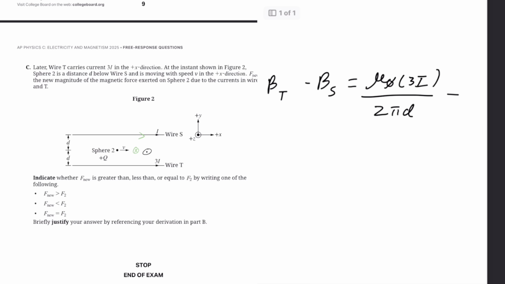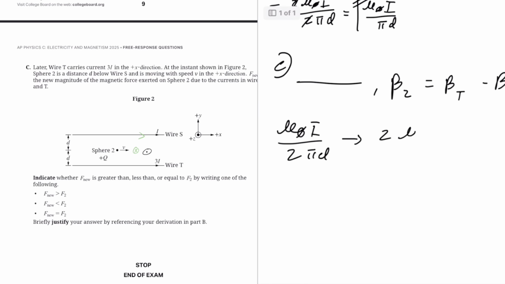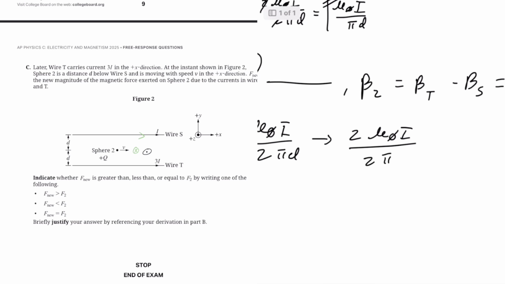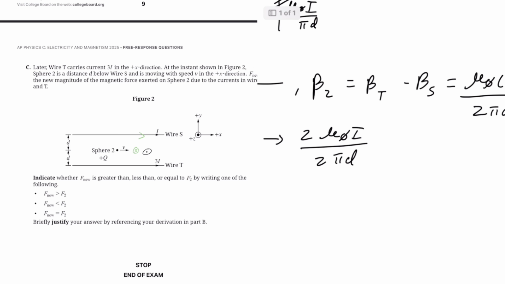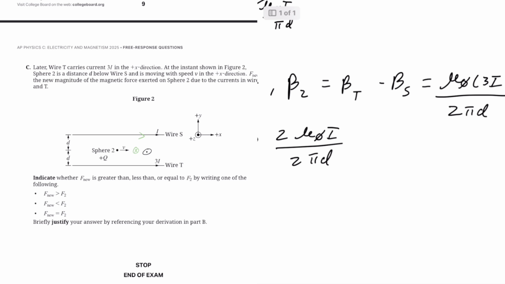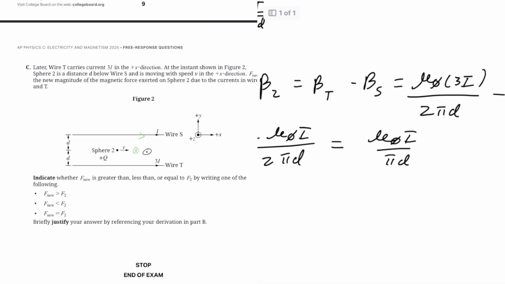So now this gives us 2 mu naught I over 2 pi d in the positive direction. Now the magnetic field is coming out instead of going in, which is equal to mu naught I over pi d.